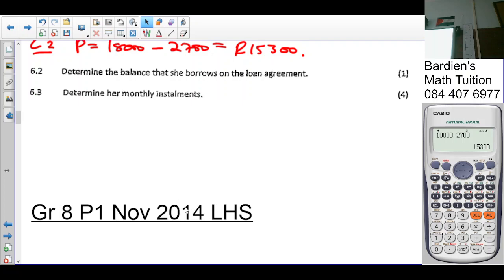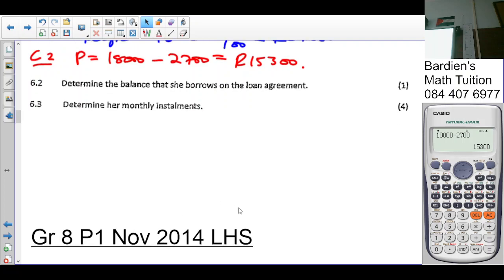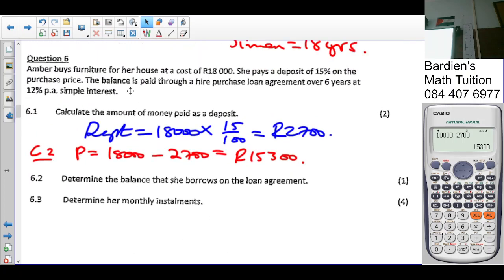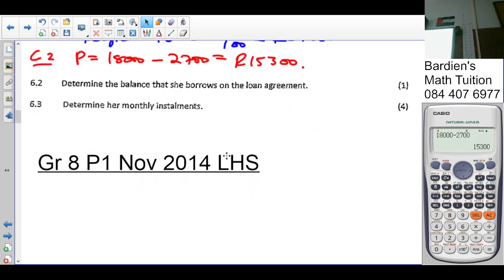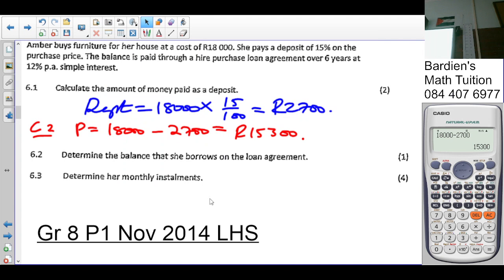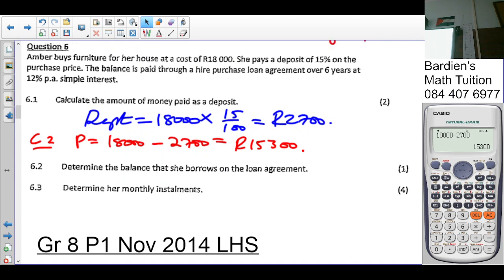Then in 6.3 we are told to determine a monthly installment. So this has a simple interest rate for 6 years. So this information is needed here. Remember, this is simple interest. It follows a formula: SI is equal to P times R times T over 100.